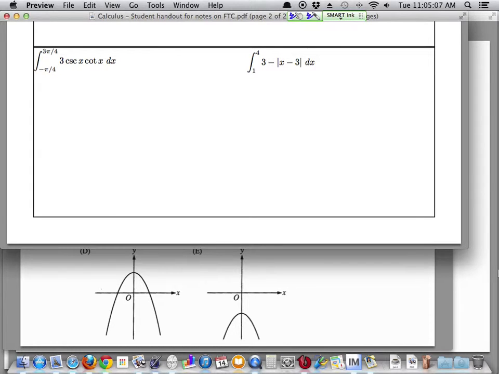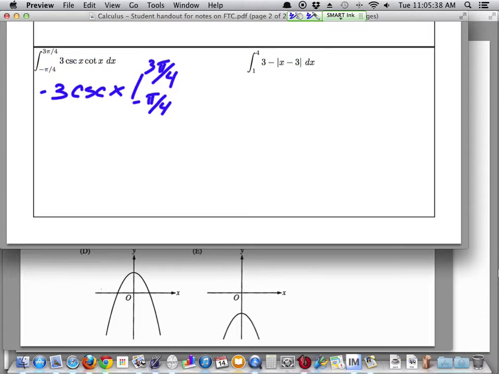All right, we have the integral from -π/4 to 3π/4 of 3 cosecant cotangent dx. What happens to that 3? It stays. What do I get when I integrate cosecant cotangent? Negative cosecant. And we're going from -π/4 to 3π/4.